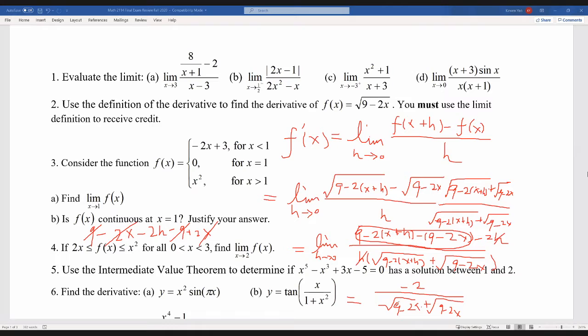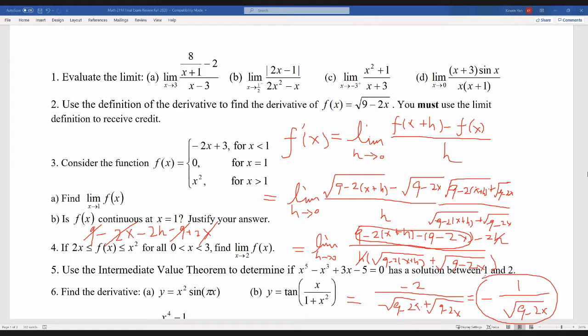You have 2 of them. You have the same square root of 9 minus 2x, so they cancel out. You have negative 1 over the square root of 9 minus 2x. You have found the limit.